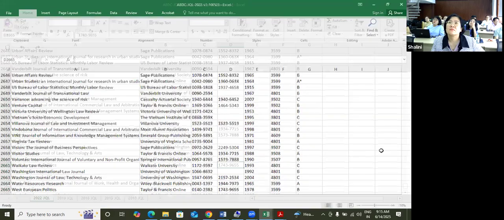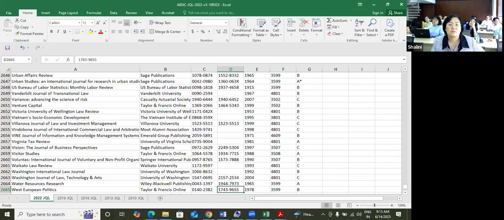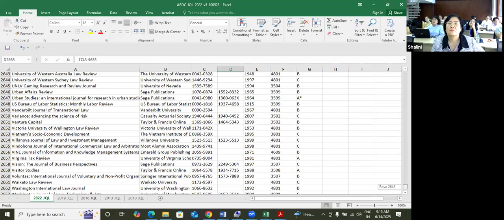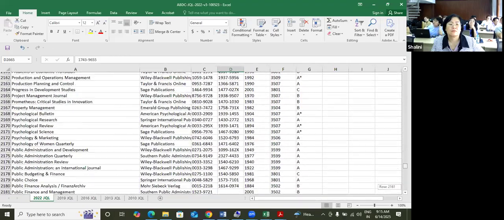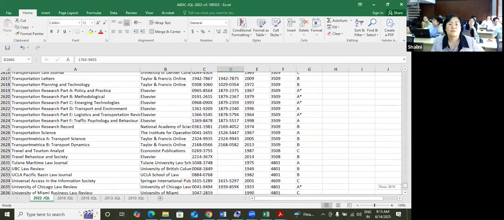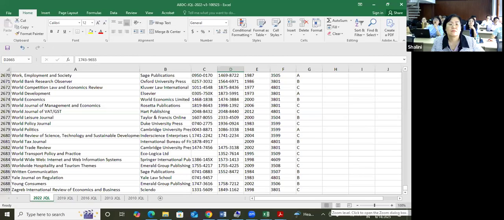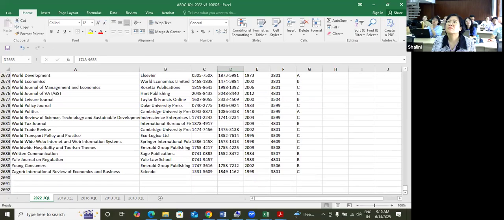Can you see it? This is a huge number. Just have a look at this. Let me show you the numbers. 2689. It may be even more. These are the journals that are there in ABDC, and at the end, you can see the ranking that has been given to each journal. Right.